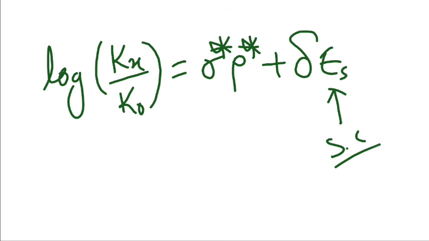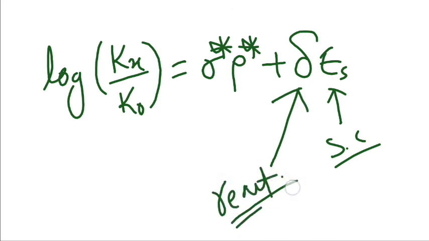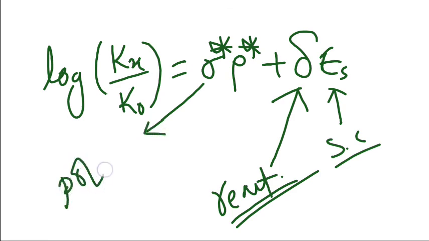Es is a substituent constant, and delta is known as a reaction constant. Sigma star is known as the polar substituent constant, and rho star is a sensitivity factor here.